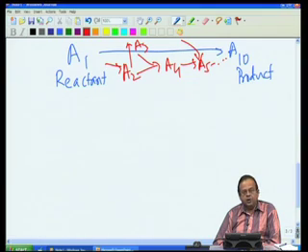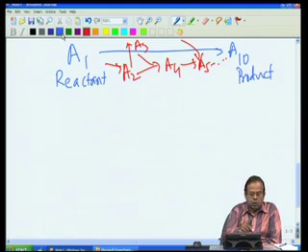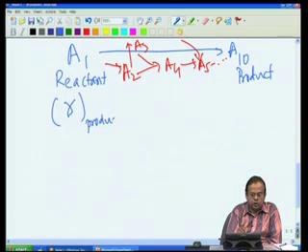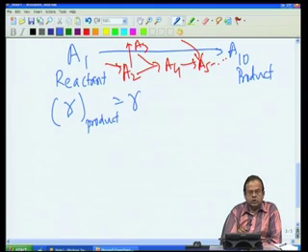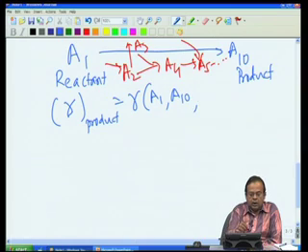Strictly speaking, the rate of formation of this product A10 will be, in general, a function of A1, A10 and all the intermediates that are there.